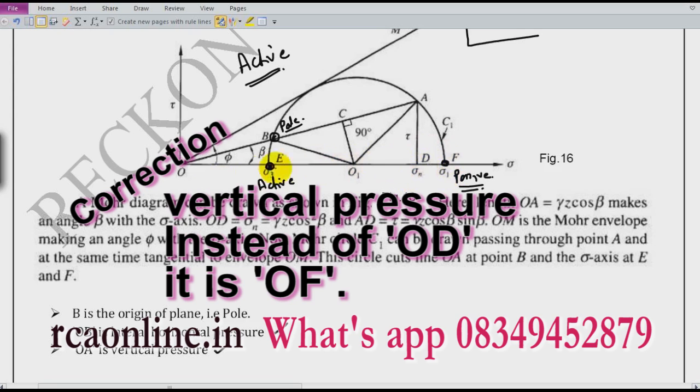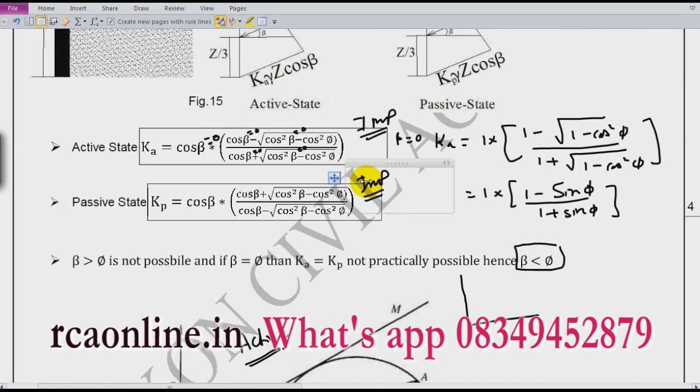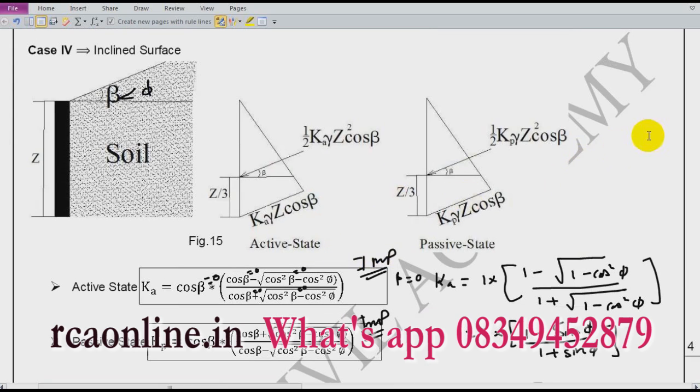Please remember these two things. Is it okay? Clear? This is not the case when beta equals 0, where it falls on the same part. But if beta has some angle, then it will move up. This is very important and has been asked in quite a few examinations. Now the second thing is, if you see the diagram, the direction of the total pressure will also change. It will change by the beta angle.